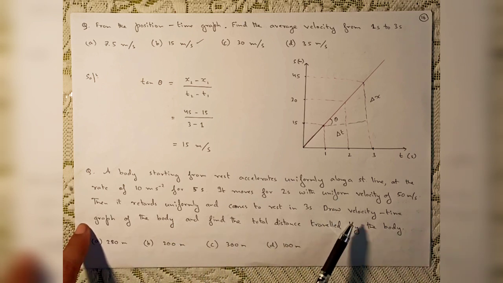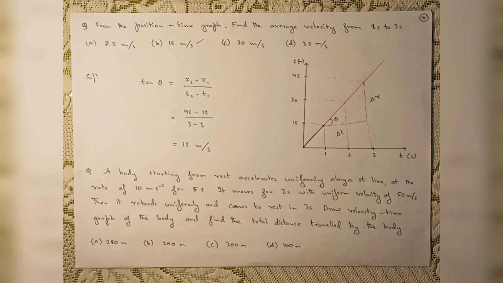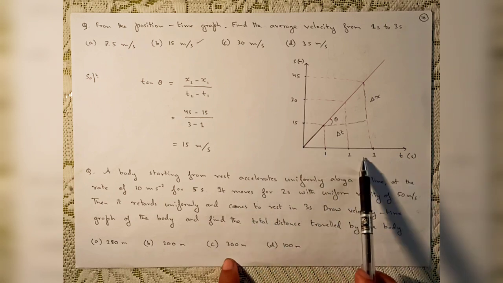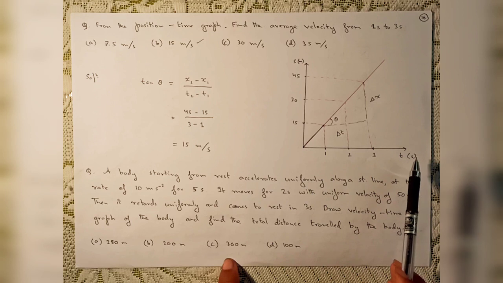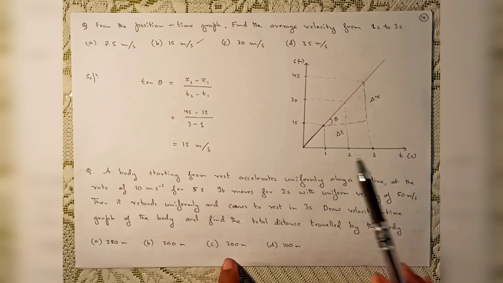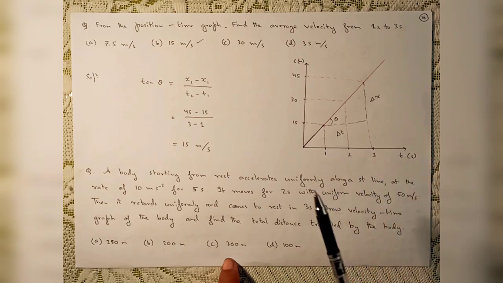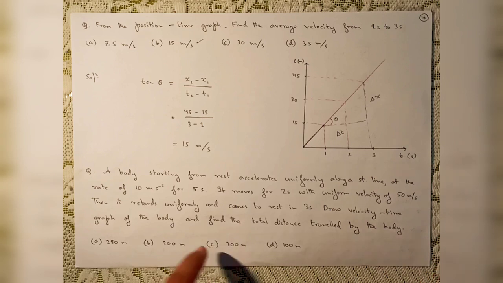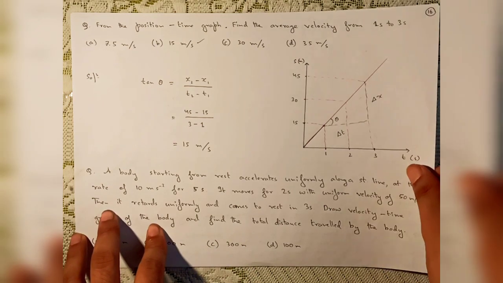So you have been asked to draw the velocity time graph of the body and find the total distance traveled by the body. In drawing the velocity time graph, you have to remember that the total is 10 seconds, so the x-axis has to be 10 seconds or more. 10 seconds is the minimum.